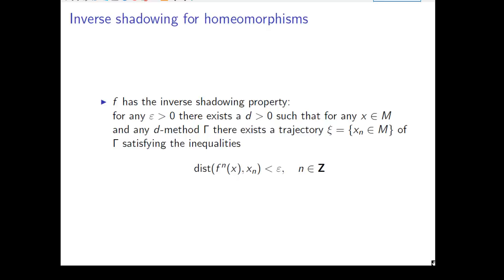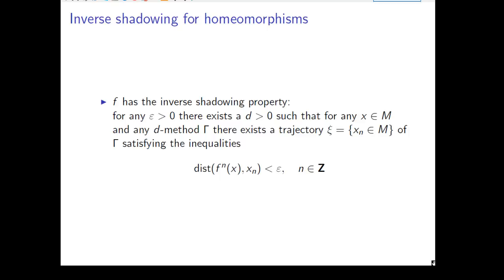And now the inverse shadowing property of f means that for any positive epsilon, there exists a positive d such that for any point x from M, and for any d-method gamma, so d depends on epsilon, there exists a trajectory psi produced by this method such that these inequalities hold.